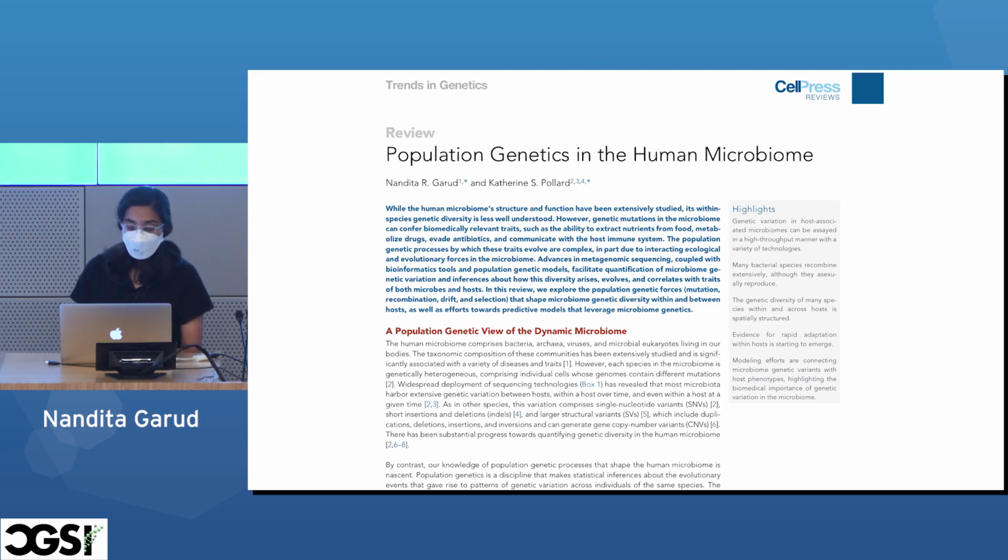With many different types of technologies, including shotgun sequencing, single-cell isolates, special barcode read technology, and Hi-C technology, people are seeing a similar phenomenon: in healthy hosts, people like us, any random person who is not necessarily taking antibiotics and doesn't necessarily have a disease, you're seeing evolution happening on daily, weekly, monthly timescales.